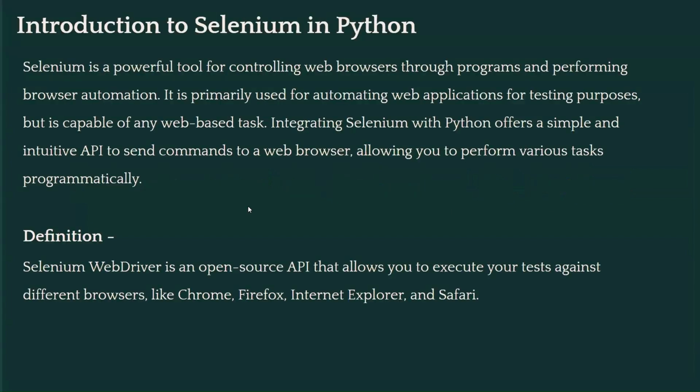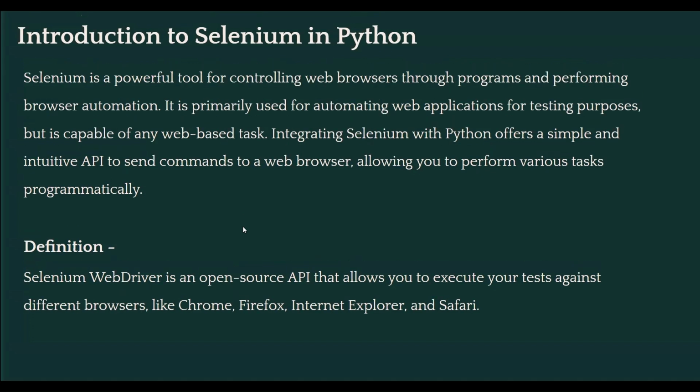Now, talking about Selenium, it's basically a powerful tool that helps you control web browsers through programs and perform browser automation. Selenium is used for web applications, where you test tasks related to websites.